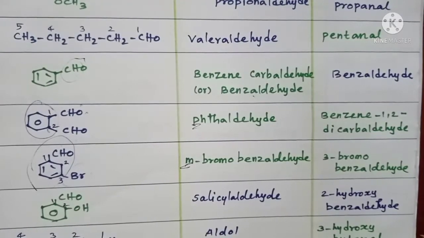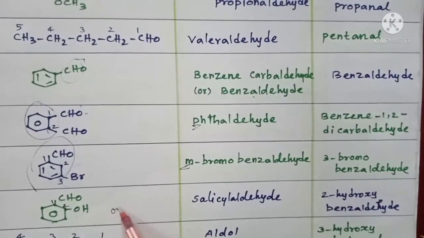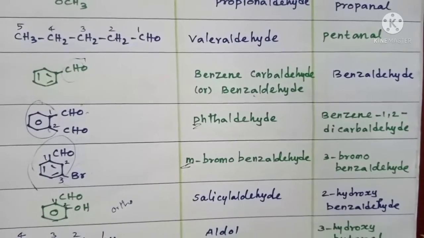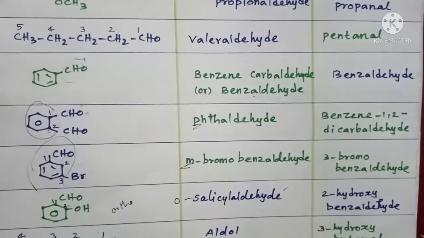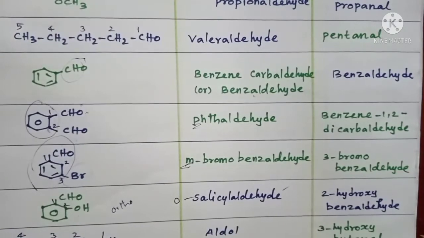So next one. A benzene with CHO and OH group on adjacent carbons. It's an ortho derivative, isn't it? Okay. Right. Now, actually it's called salicylaldehyde. What is it? Salicylaldehyde or ortho-salicylaldehyde. You can say even ortho-salicylaldehyde also. Okay, right. Actually, the parent compound is nothing but benzaldehyde.